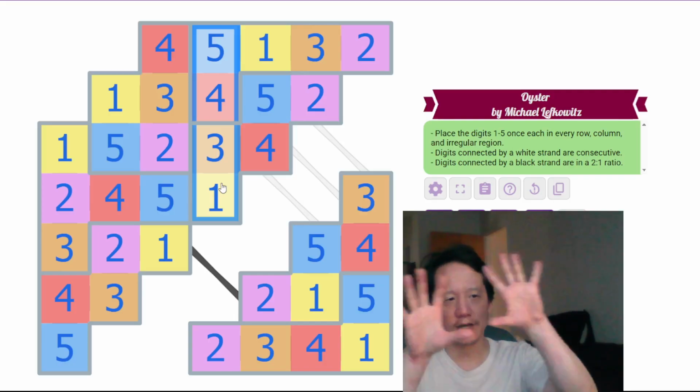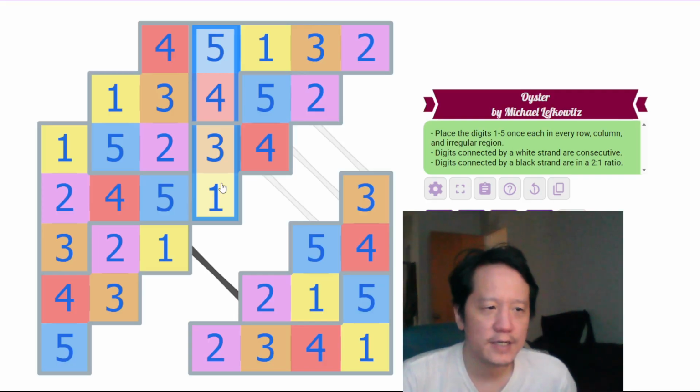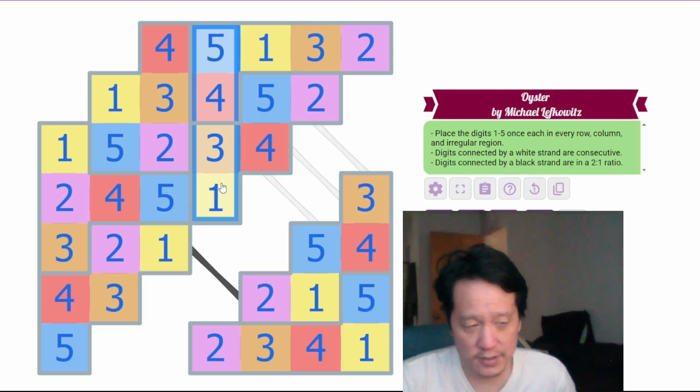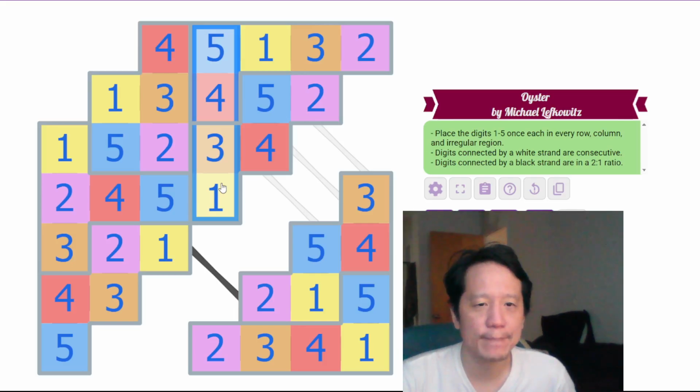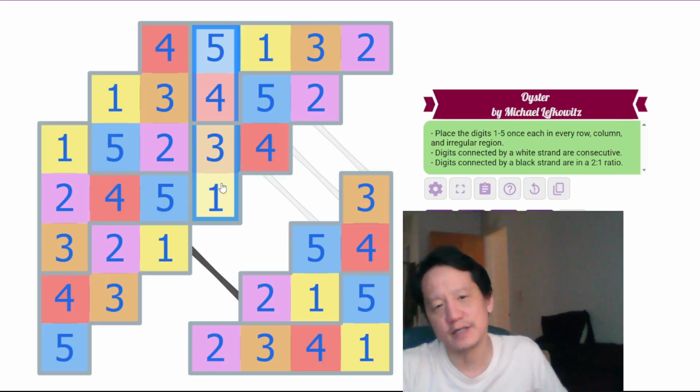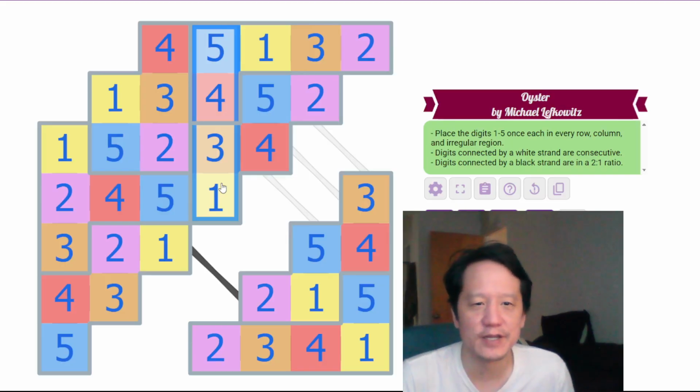So I like these little makeshift irregular region Sudokus with more regions than digits. I like this also because of the coloring. It's fun to color stuff for me.